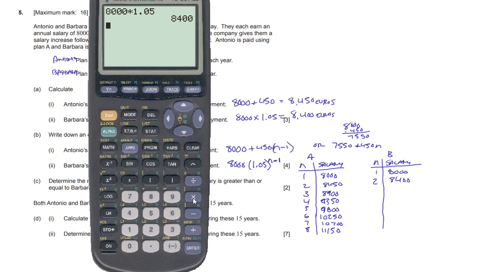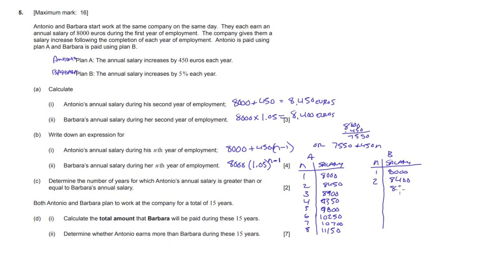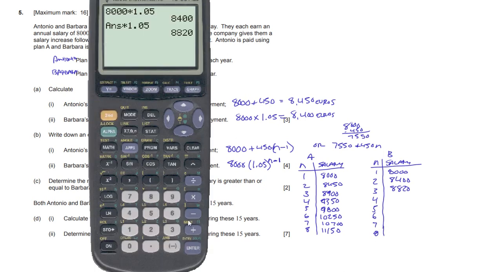Once you push times, it's going to take your answer and multiply. We just do 1.05 again, and that gives us 8820. Let's see if that gets us there. Each time we push enter, it should get us there. 9261.